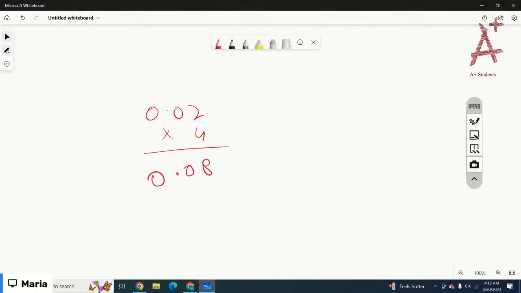So it would be 0.08. Got it? Yes, that is 0.08. Got it?